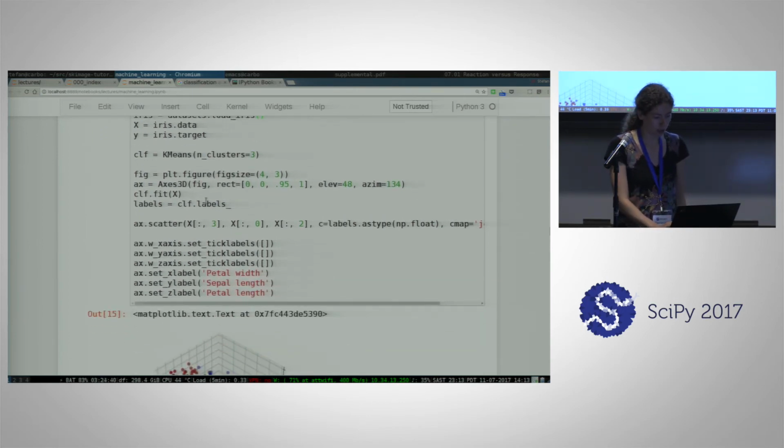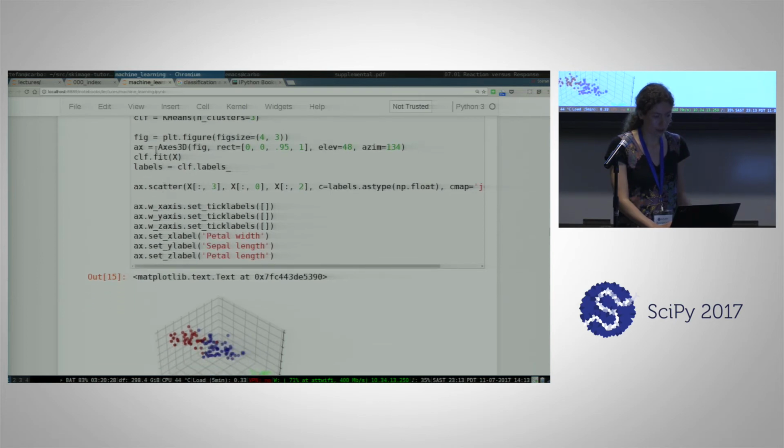So this is just for visualization. And then I use this fit method of the estimator, which will determine the labels. So here, I do not pass it any target values, because clustering doesn't use any target values.